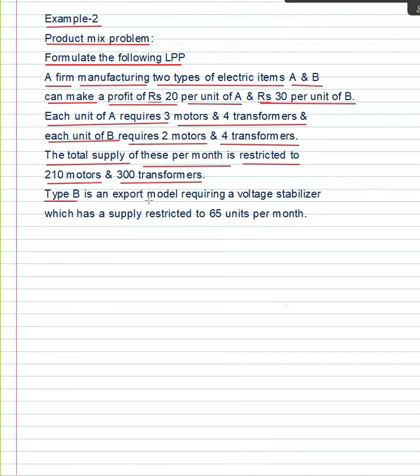Type B is an export model requiring a voltage stabilizer which has a supply restricted to 65 units per month.